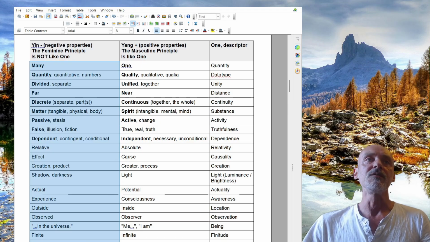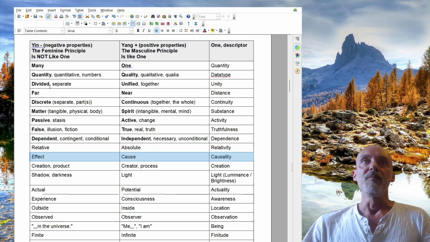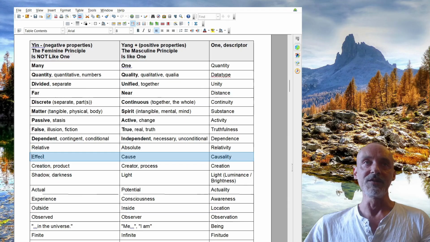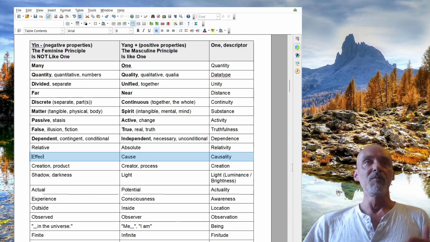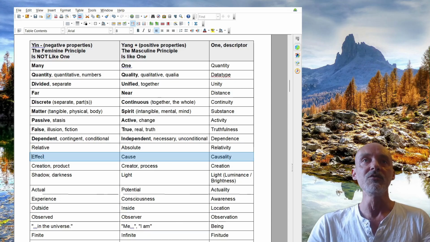Now, some of the ideas, they don't necessarily mesh together perfectly. Matter is an effect. Well, to be fair, that's okay. But these are all context sensitive. A lot of dualities are context sensitive, and they may not seem to mesh together perfectly. But if we broaden the definition of what we're looking at somewhat, then they do tend to go together.